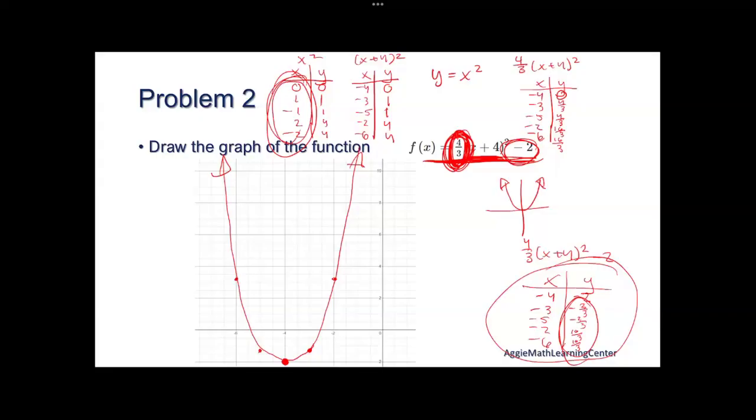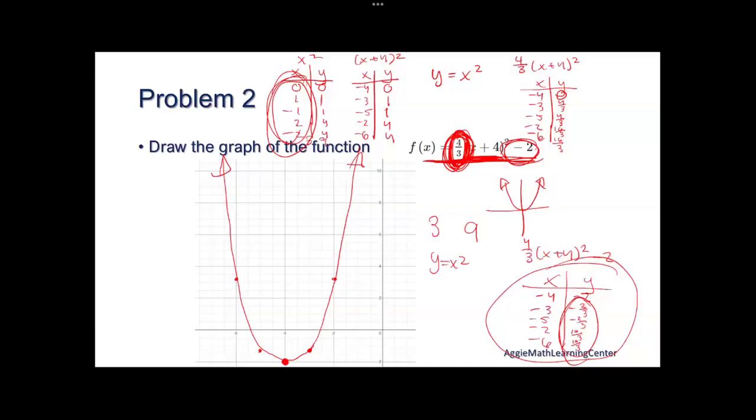Like if you chose 3 as your x coordinate, then on our original parent graph, that y coordinate would be 9, right? Because you're just plugging it into the x squared. Yes. So then up here on our table, we would add 3 and then 9.